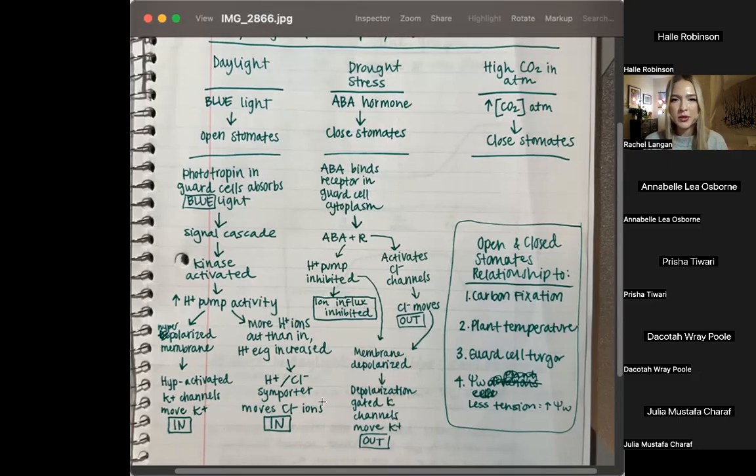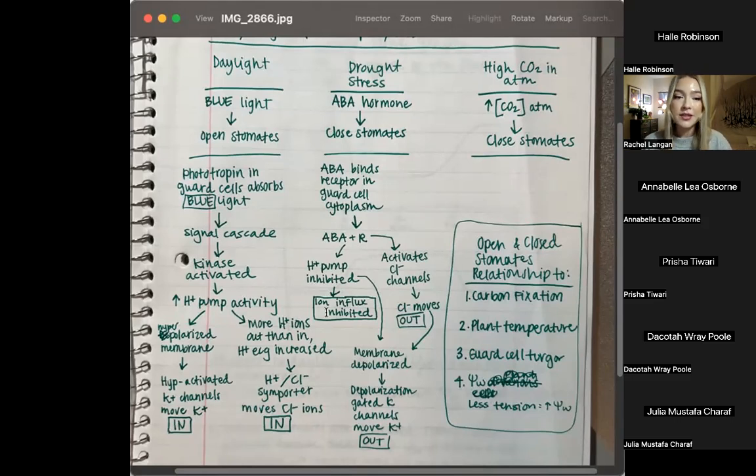One thing that's really important to know is there's nothing special about any of these channels that tells the ions whether to move in or out. It all has to do with the actual electrochemical gradient for those ions. So you might see situations where we change the concentrations of chloride in and out, or change the potassium concentrations in and out.